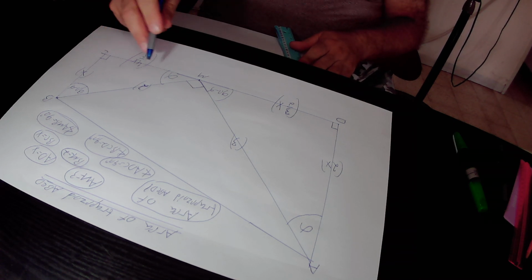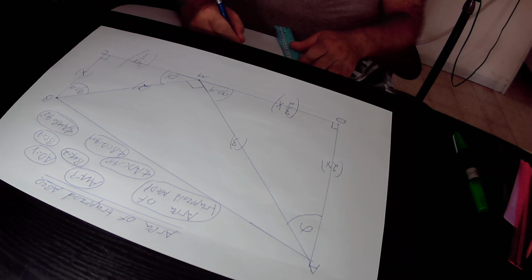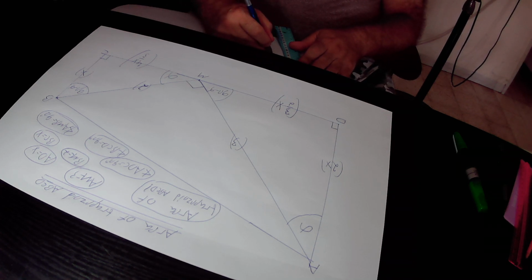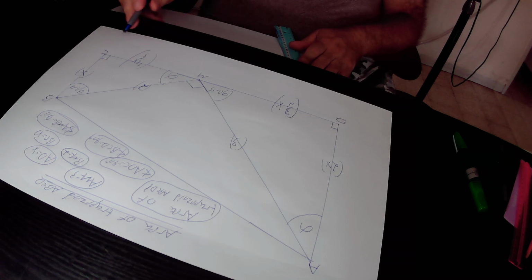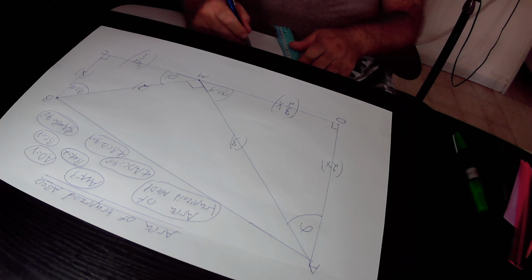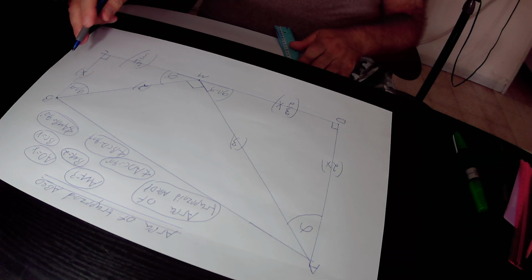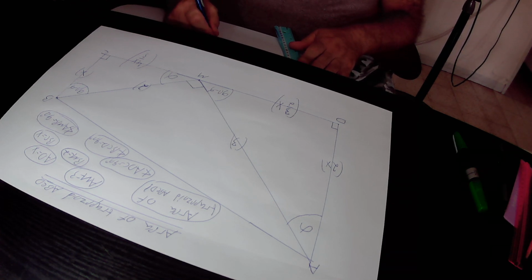The hypotenuse BM equals 2 units in its length. Side MC equals 4x over 3 units. And finally, BC equals x units in its length.